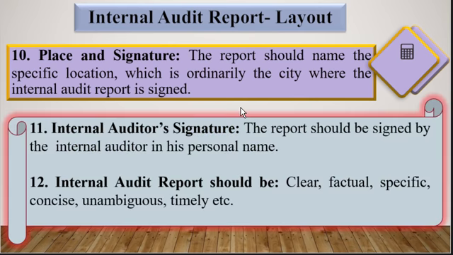And last is internal auditor's signature. The audit report should be signed by the internal auditor in his personal name. The internal auditor should also mention the membership number assigned by the Institute of Chartered Accountants of India in the report so issued by him.